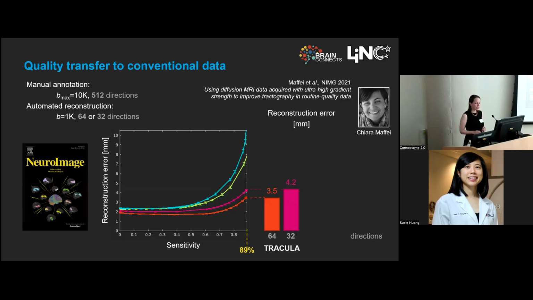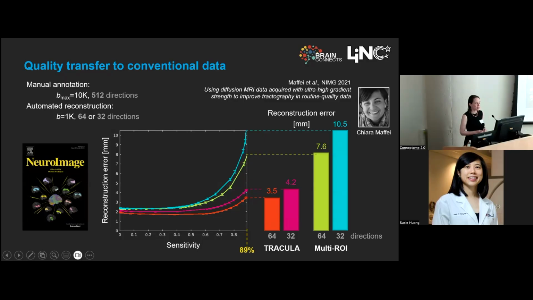And in particular, with data that were collected with just a single B value and either 64 or 32 directions only, whereas the training data had been collected with 4 B values all the way up to 10,000 and 500 plus directions. And she showed that the accuracy of this approach was much better than the conventional multi-ROI approach that uses just those basic rules with a handful of ROIs.